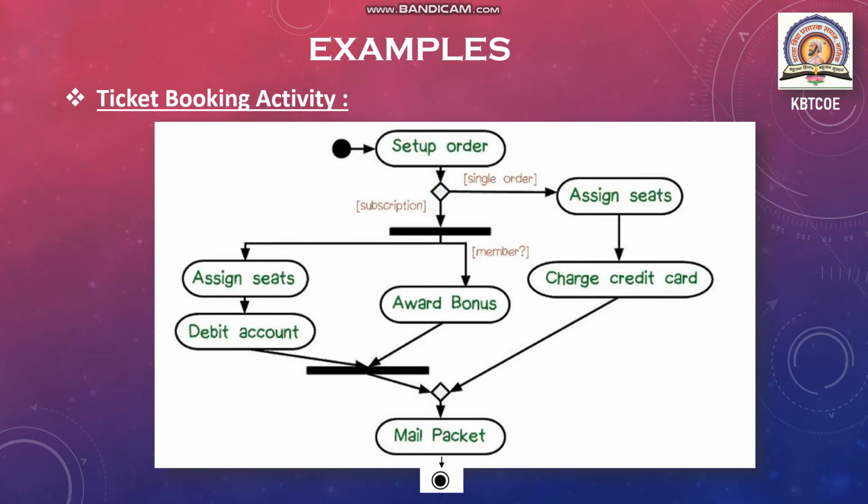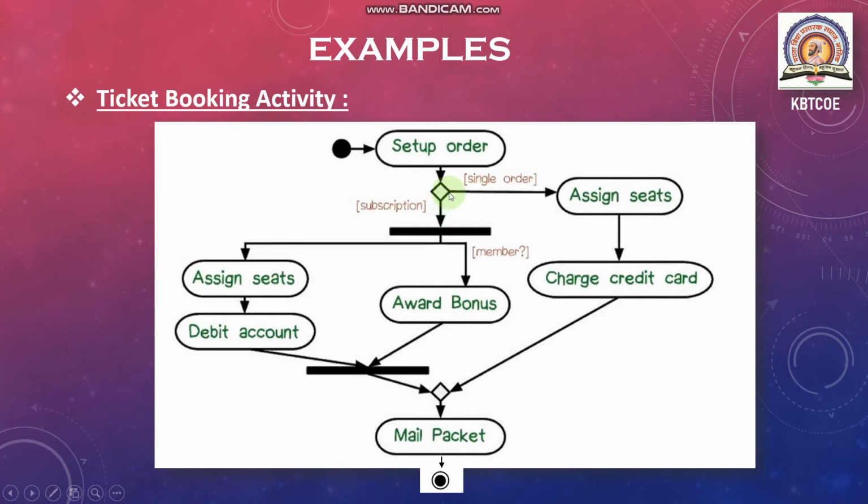Decision diamond decides the condition whether the user has a subscription or it's a single order. And depending upon the input type, it will execute different types of activities. First, if the user has a single order, it will simply assign them seats, charge the credit card, and mail the tickets.